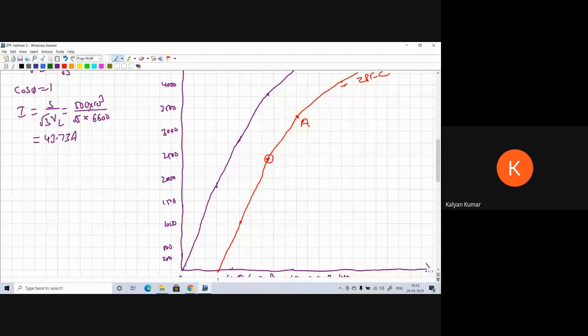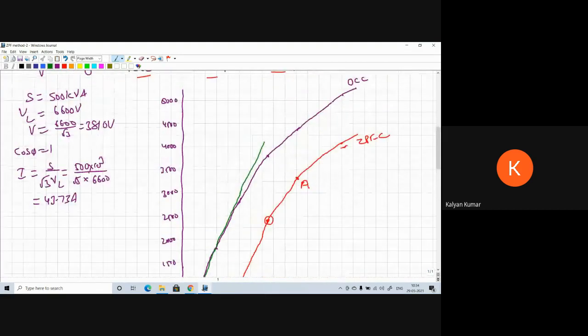Join the initial point at 32 amps with the origin and draw the line. Draw the air gap line.